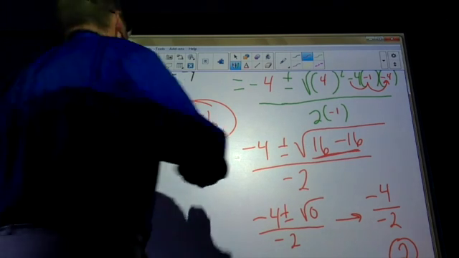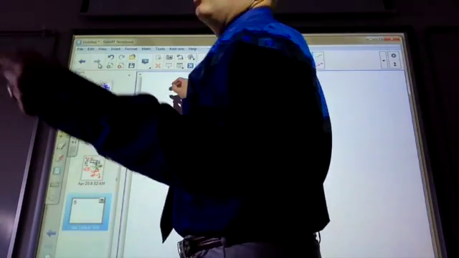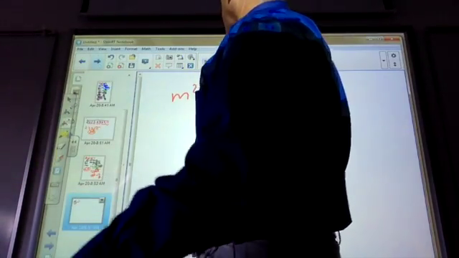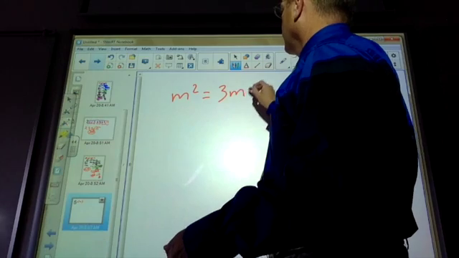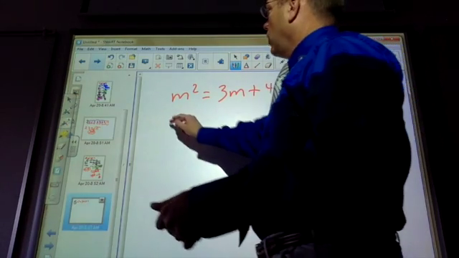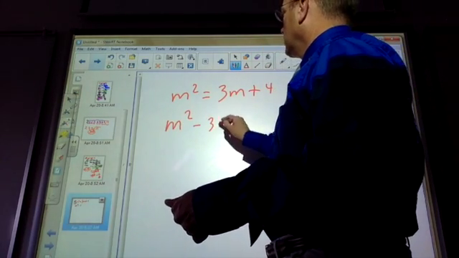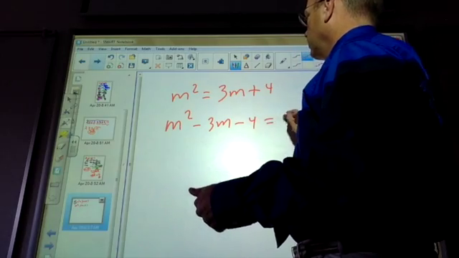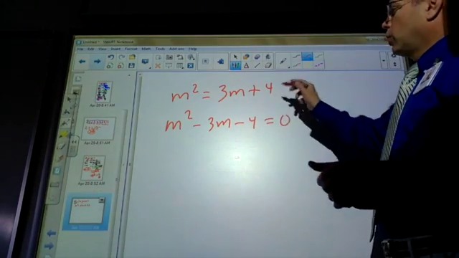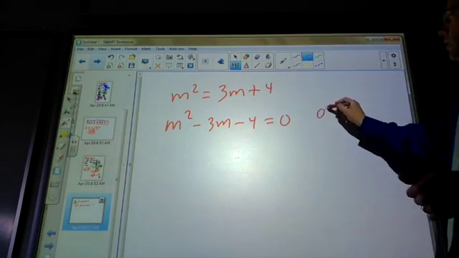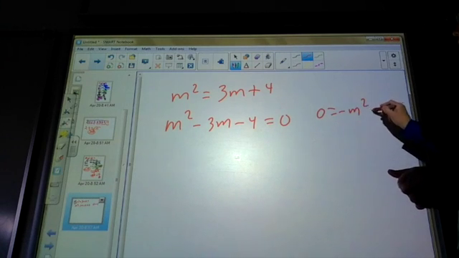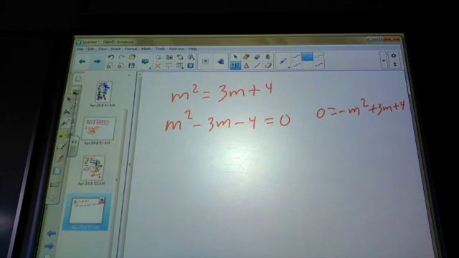I'm not sure. Okay. So if you have like this, I could also have it written like this. So you don't have to subtract it, it'll give you the same exact answer.